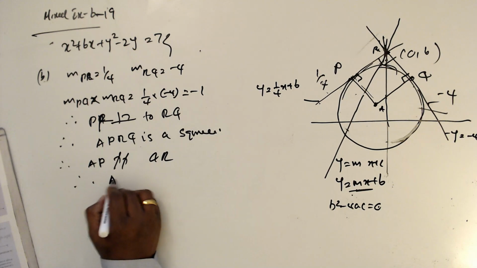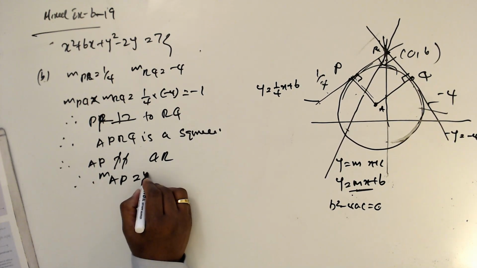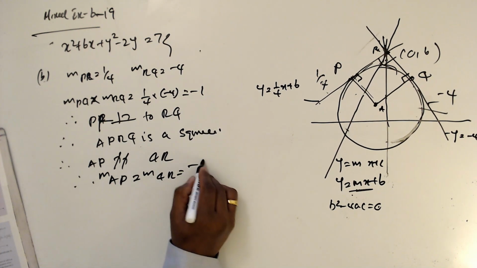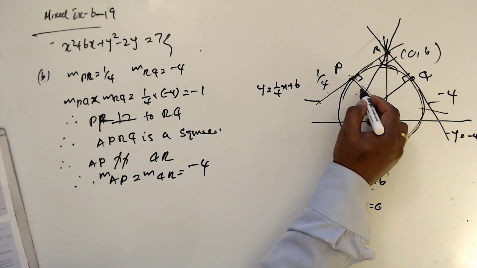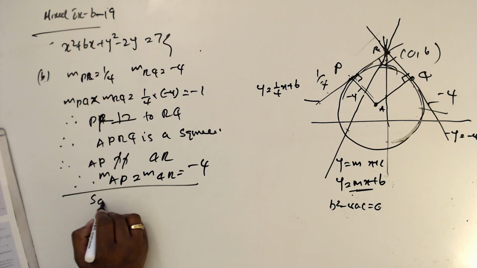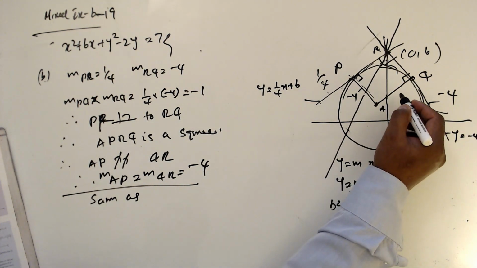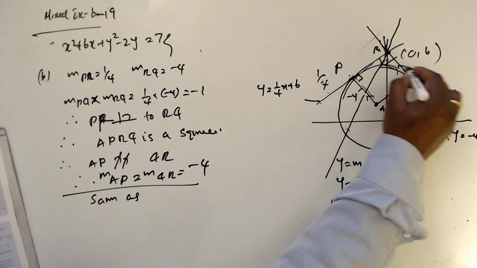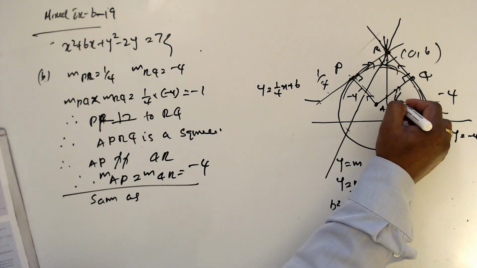Hence, gradient of AP equals gradient of QR equals minus 4. So this gradient is minus 4 now. Now, same way, we can simply tell that this one is parallel to this one, same as this is 1 over 4.